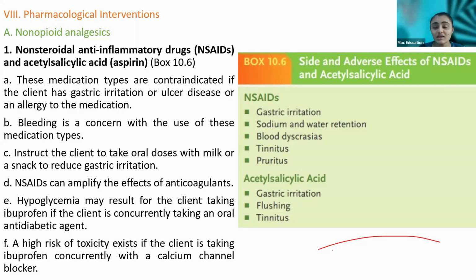If a diabetic person is taking oral hypoglycemic agents and at the same time ibuprofen, the effect of the oral hypoglycemic agents will be amplified and the patient will experience hypoglycemia, because ibuprofen increases the effects of oral hypoglycemic agents.